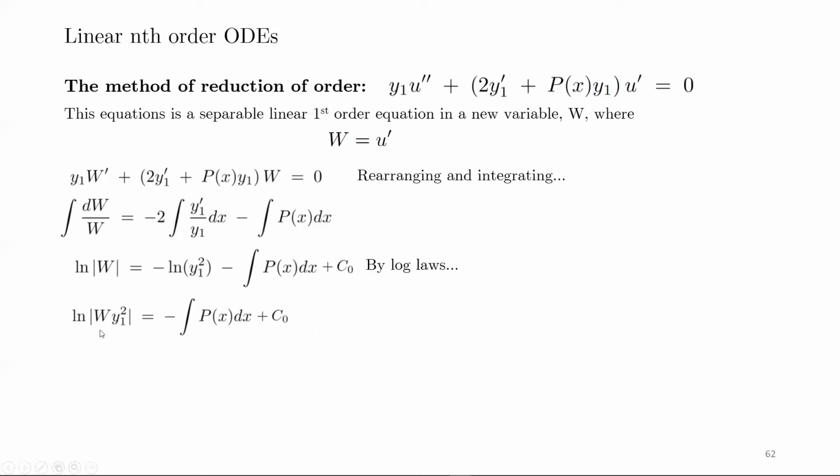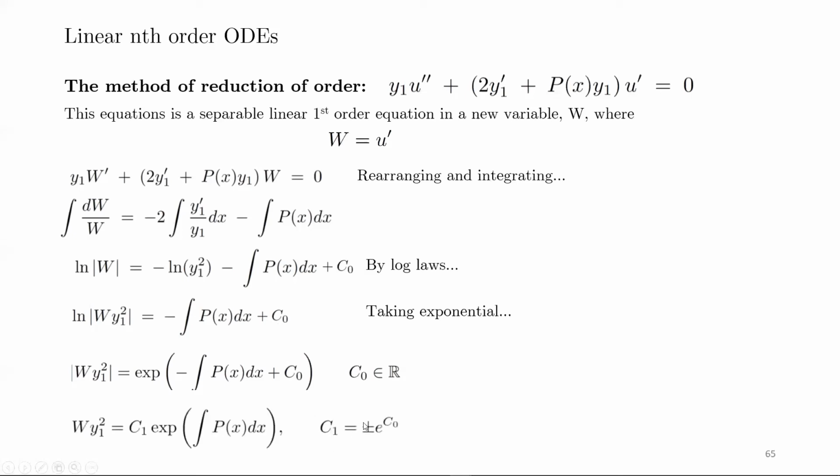I can get rid of this log on the left hand side by taking exponentials. Okay, so I end up with the absolute value of w times y1 squared equals the exponential of all this thing here. And again, I can simplify the plus c naught by again using the laws of exponentials. And so what I'm going to do is I am just going to simplify this equation by saying C1 is equal to plus or minus the exponential of C0.